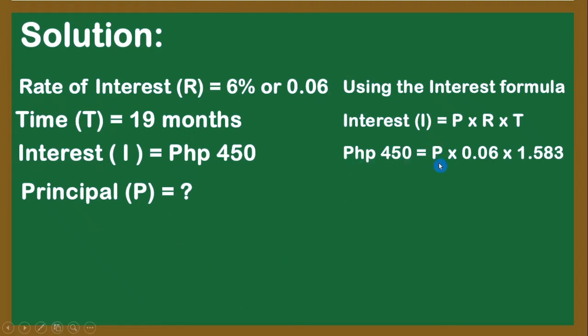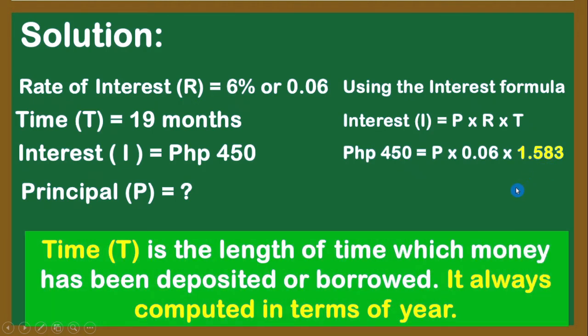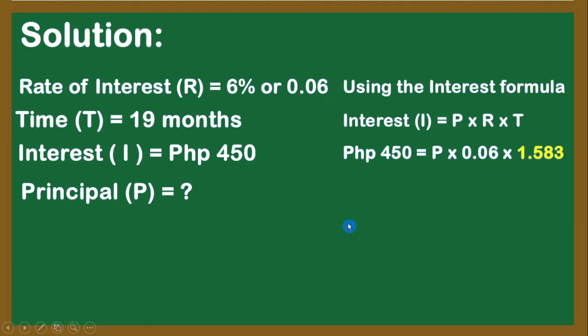We rewrite P as the unknown and the rate of interest in decimal form as 0.06 times the time, 19 months, converted into 1.583. Why? Because as in our definition of time a while ago, time is the length of time which money has been deposited or borrowed, and it is always computed in terms of year. So what we did is divide 19 months by 12 months and it becomes 1.583.